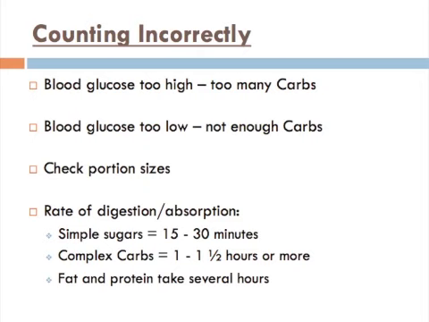Fat and protein take several hours and can prolong the absorption of the carbohydrates at the meal. And so can, in the long run, cause higher blood sugars, not directly, but by delaying the absorption of the carbohydrate you ate with it.